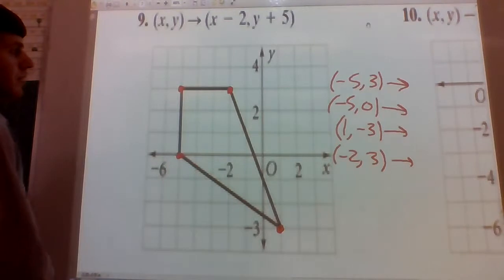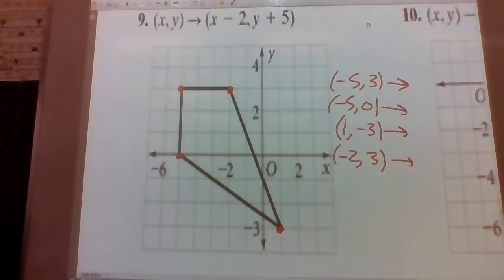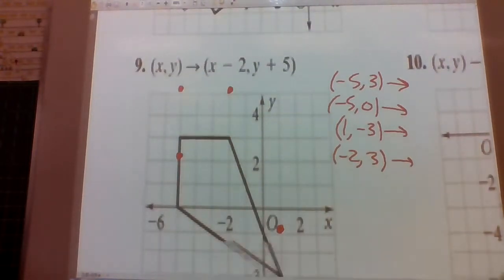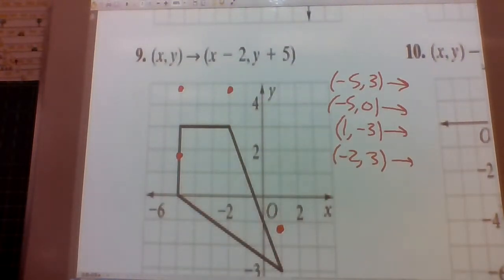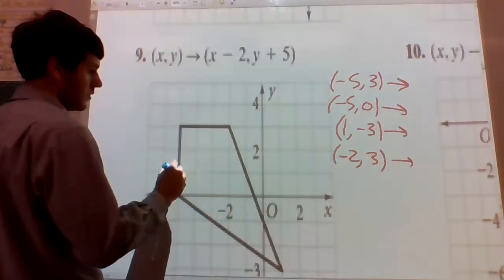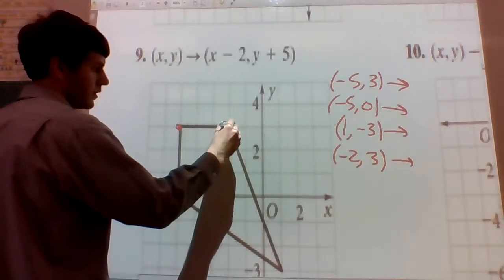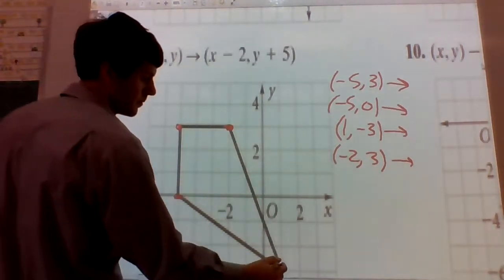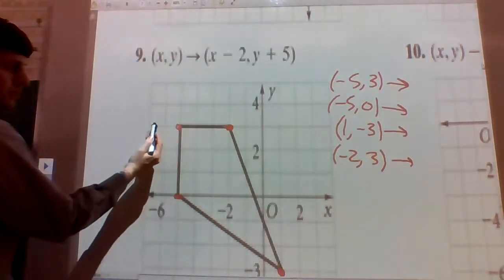Everything's going up 5. That's going to be a little bit difficult here. Let me go this way. Okay, so here's our 4 points. Okay, so we're going left 2, up 5.